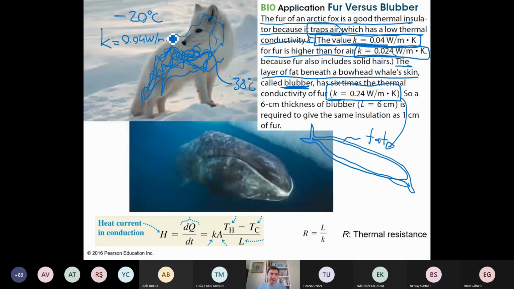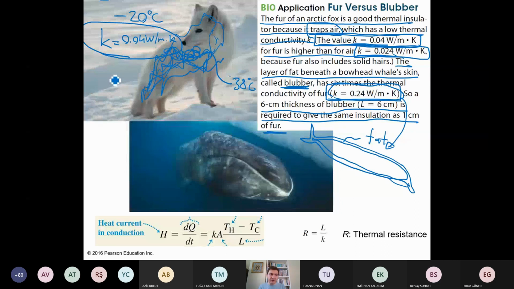Look at the thermal conductivity of the fur for the fox. The thermal conductivity of the fur is this one. And this is the thermal conductivity of the blubber fat. So a 6 centimeter thickness of blubber is required to give the same insulation as 1 centimeter of fur.